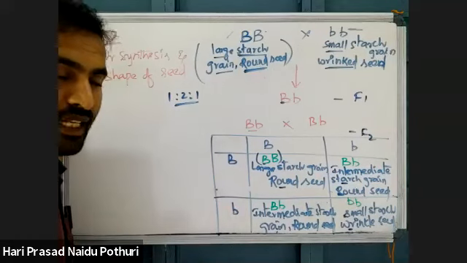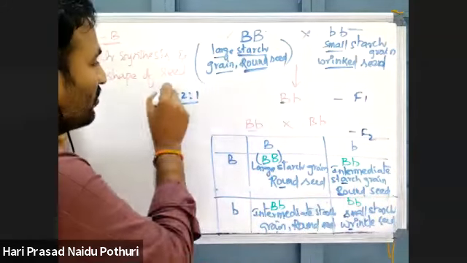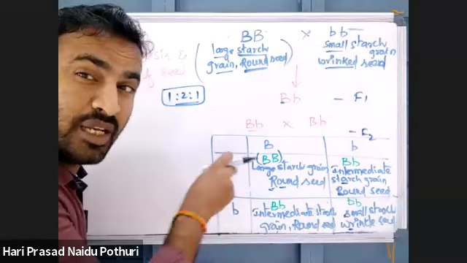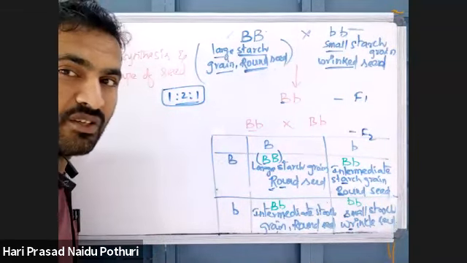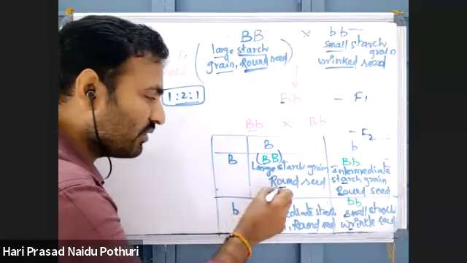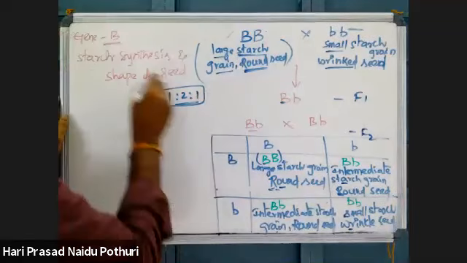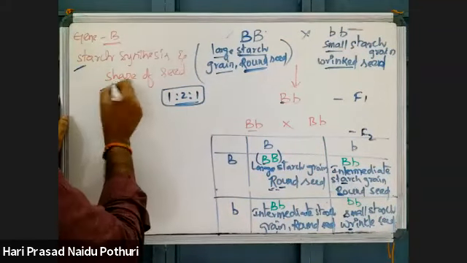But we may think 1:2:1 here, no expression like that. We may think it is similar to incomplete dominance. Yes or no? It is similar to incomplete dominance. But here there is control of 2 characters.